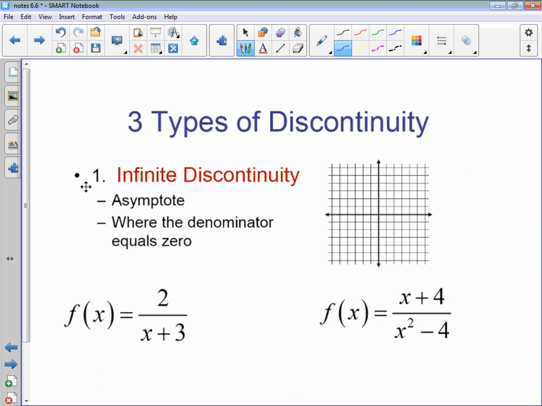So there are 3 different types of discontinuity. The first one is infinite. It looks like an asymptote. So I'll give you guys a minute to write here, and then I'll show you graphically what this would look like.